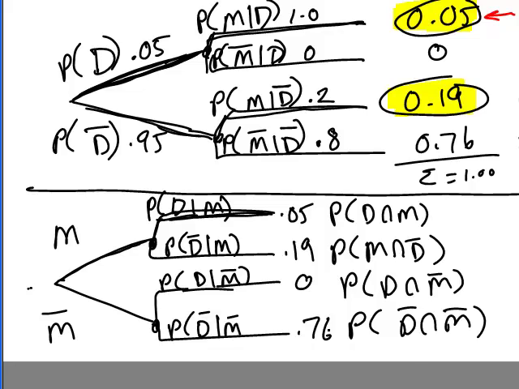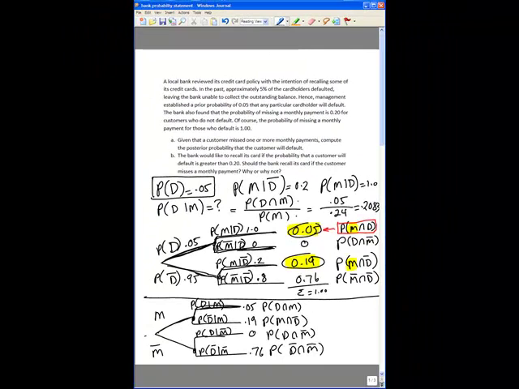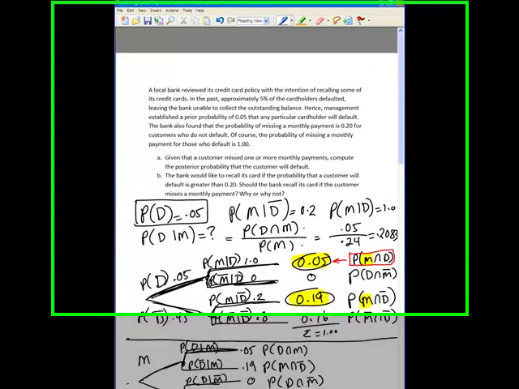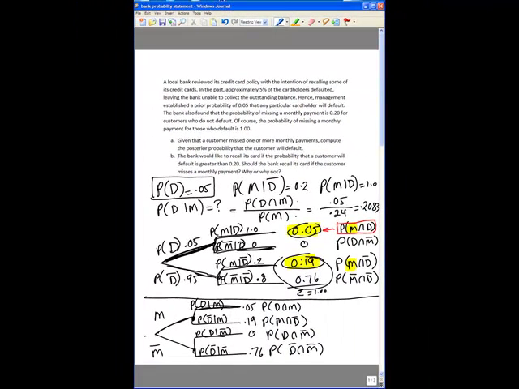Now we know, as I've told you before, the end probabilities, or the joint probabilities, of the two branches up here, 0.05 and 0, of course, give us this number, which is the prior probability of this event right here, and the 0.19 and the 0.76 at the end of the bottom branches right here add up to this number.